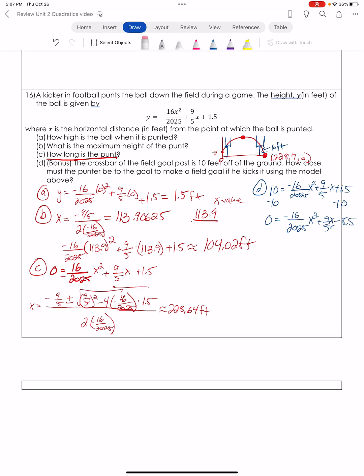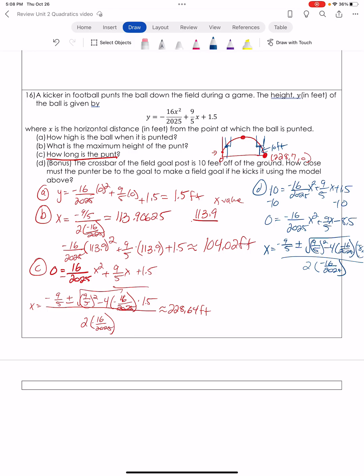Sorry about that. And so I do the quadratic formula again. So x is equal to negative 9/5 plus or minus the square root of 9/5 squared minus 4 times negative 16 over 2025 times negative 8.5, all over 2 times a, which is negative 16 over 2025.